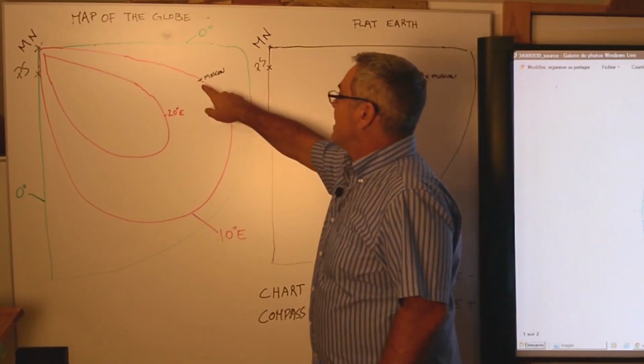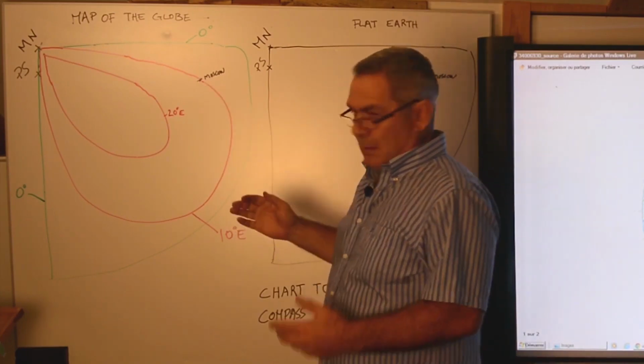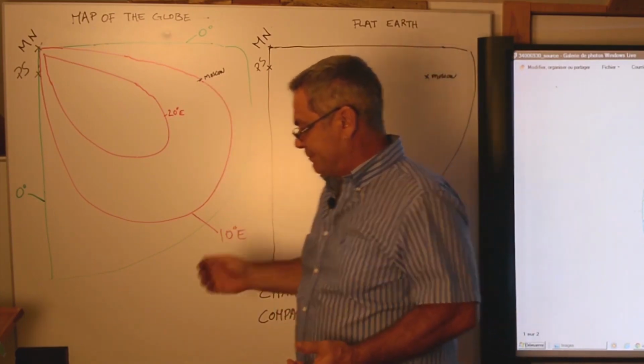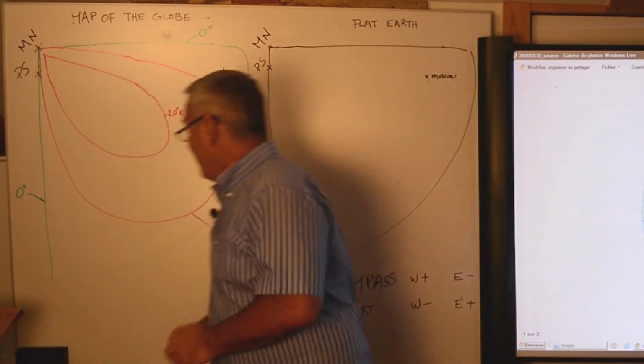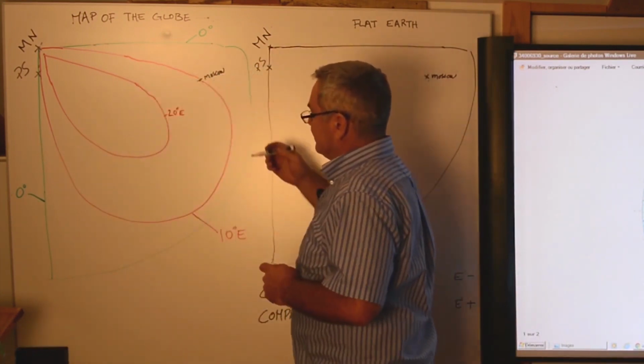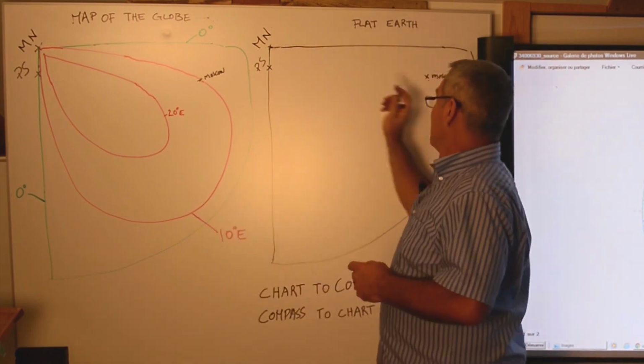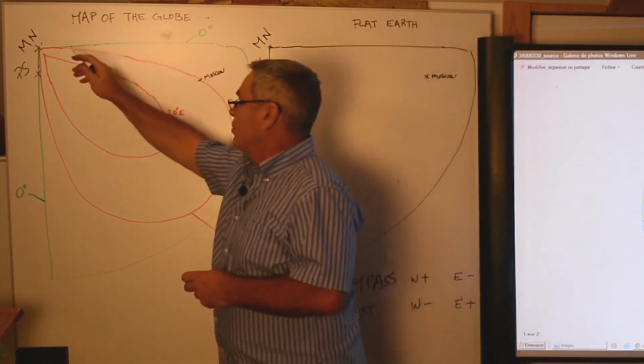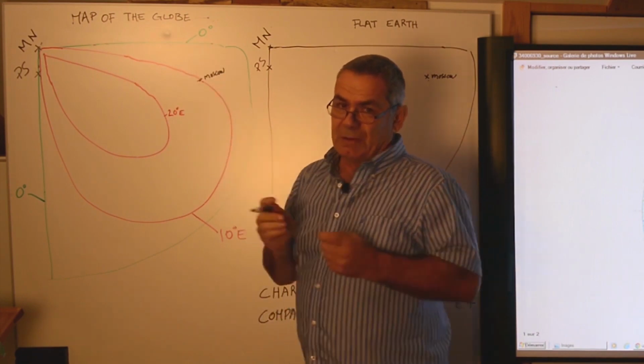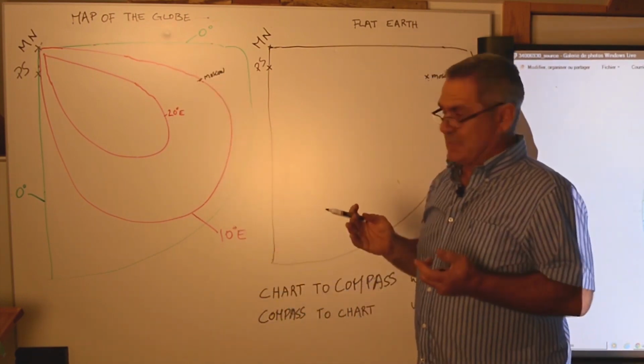So there is 10 degrees here. So according to this map, the magnetic north is normally 0 degrees here, but on the map of the globe, you have to add 10 degrees.